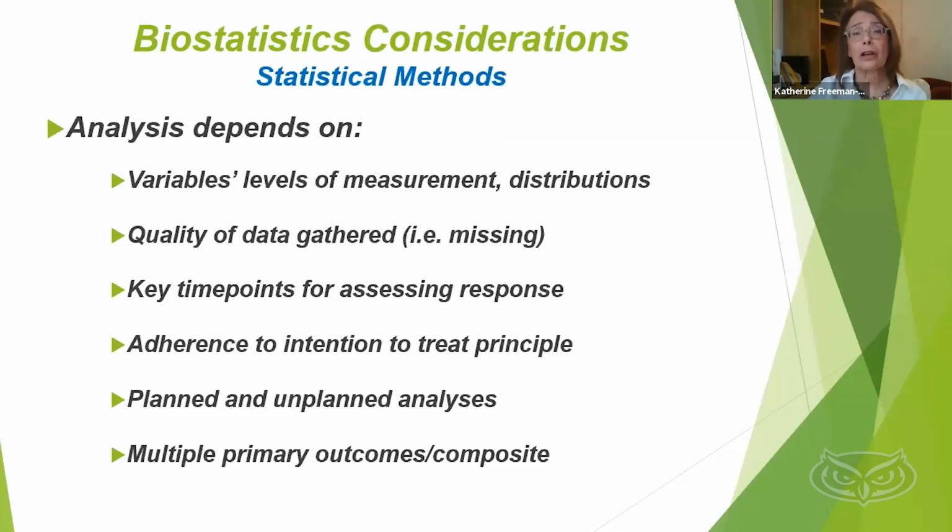Okay, I want to just touch upon biostatistics considerations. In brief, the statistical analysis depends upon how you define your outcomes, whether it's time to event, whether it's success or failure, cured or not cured, or whether it's a continuous variable such as blood pressure.